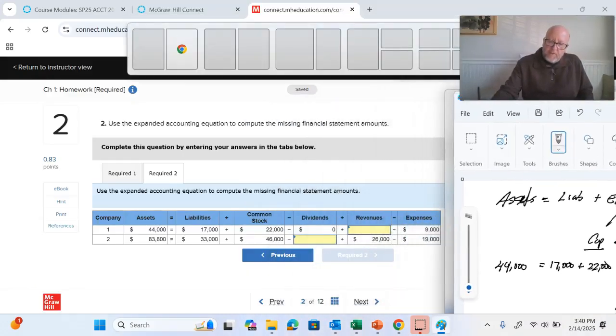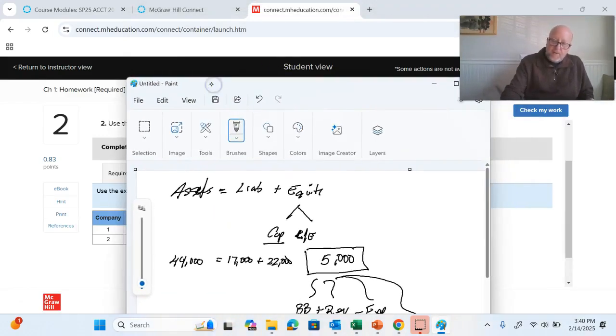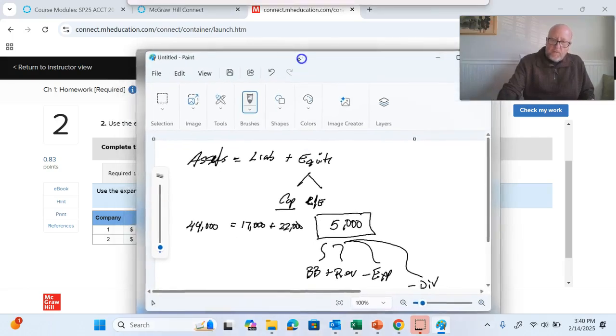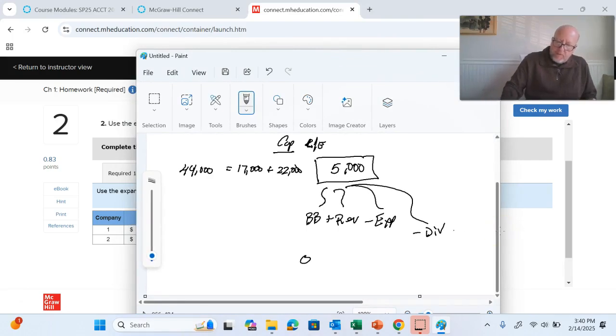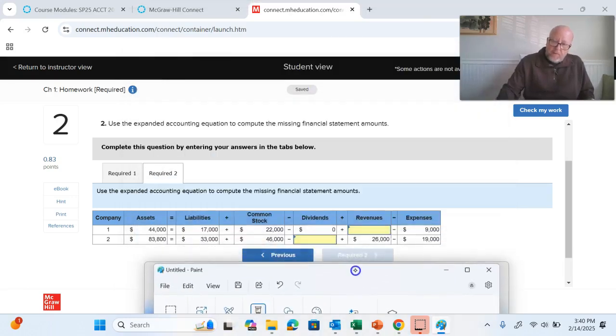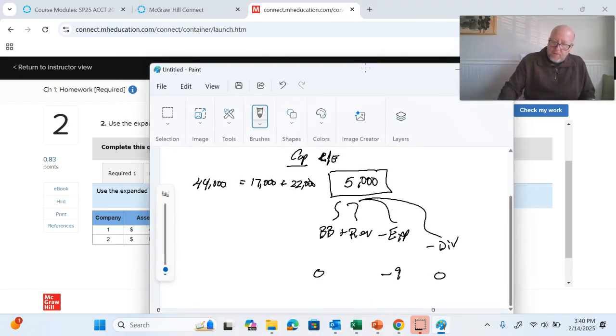So now I can go back to the question. I have no dividends, and I have no beginning balance either. Maybe I can fill those in. Beginning balance is 0, and then dividends are 0. And then we're trying to find revenue, and expenses are 9,000.